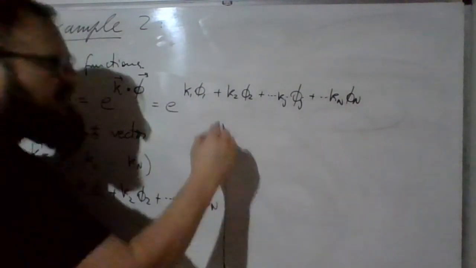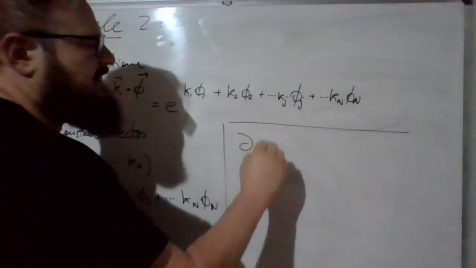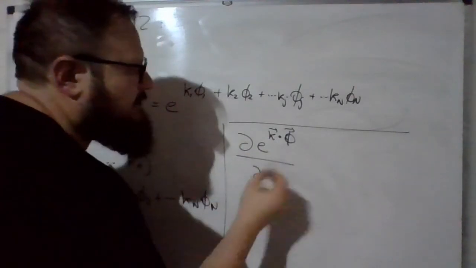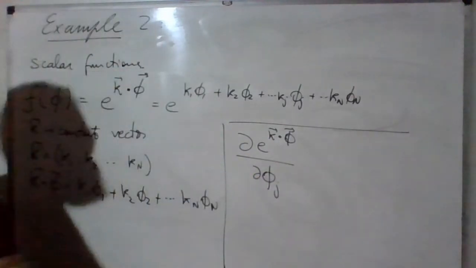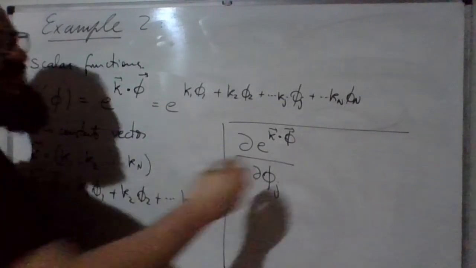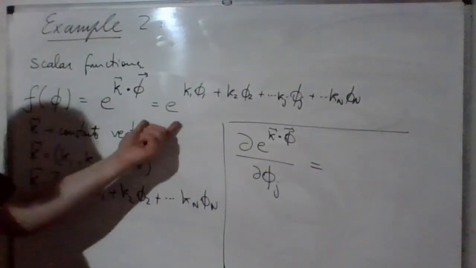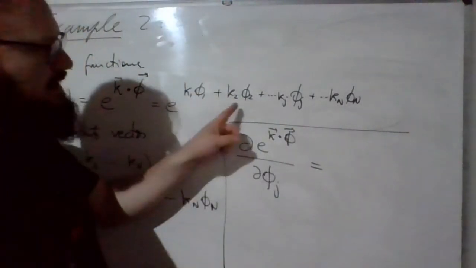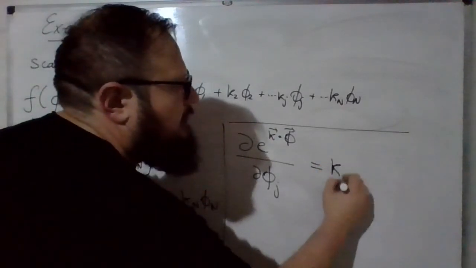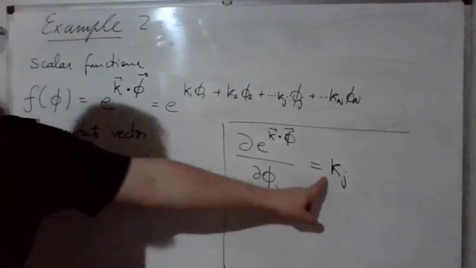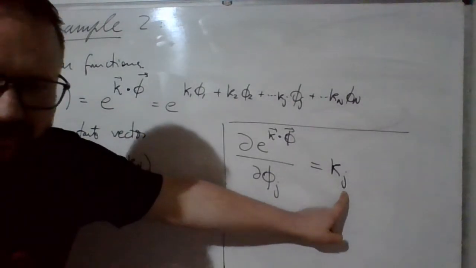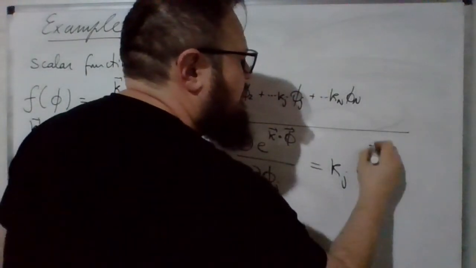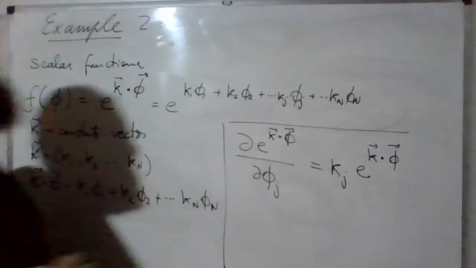Okay, if you calculate the derivative of this exponential with respect to some specific phi of subindex j, it will produce the derivative of an exponential, and we know how to calculate the derivative of an exponential. You just need to move in front of the exponential that k of subindex j, and the exponential repeats itself. So k dot phi, the scalar product.